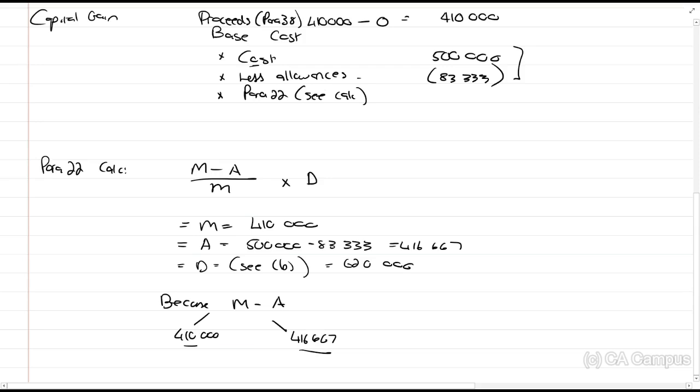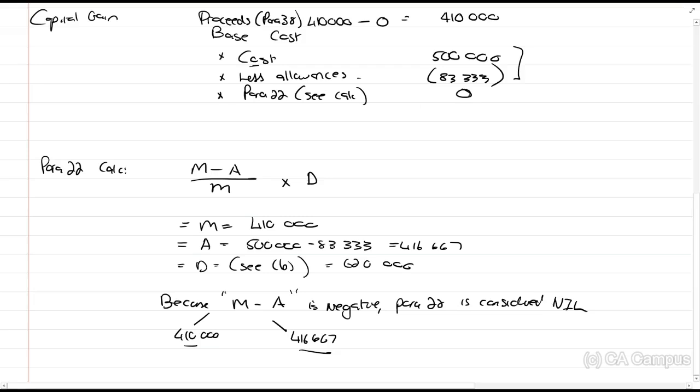If you make a loss, because M minus A is negative, paragraph 22 is considered to be null. So basically it just means you must use null there. You can't use a negative amount, so a positive amount. You can't do that.